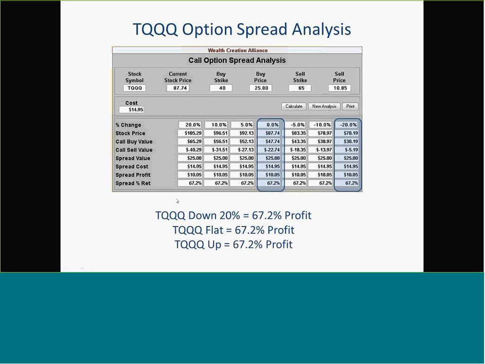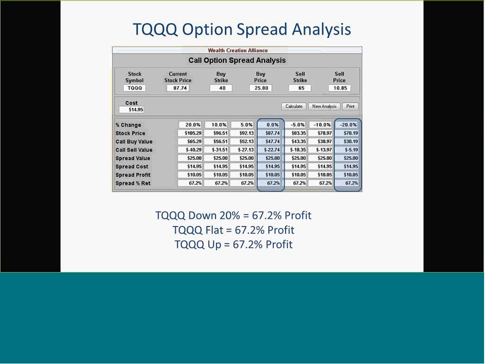And the 10.05 here would be a $1,050 profit, and this bottom row shows the percent return, and we can see that with this spread trade, if the underlying ETF is up at all, I'm going to get a 67% return at option expiration. If the ETF is flat at 87.74, I'm still going to get a 67% return.